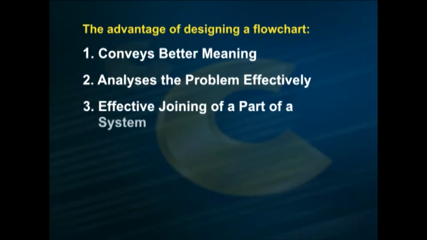Third, effective joining of parts of a system. A group of programmers are normally associated with the design of large software systems. Each programmer is responsible for designing only a part of the entire system. So, initially if each programmer draws a flowchart for his part of the design, the flowcharts of all the programmers can be placed together to visualize the overall system design.